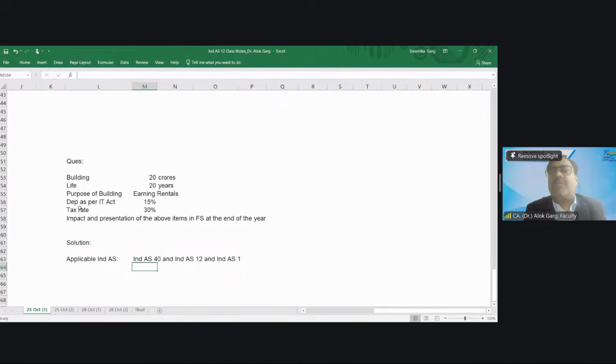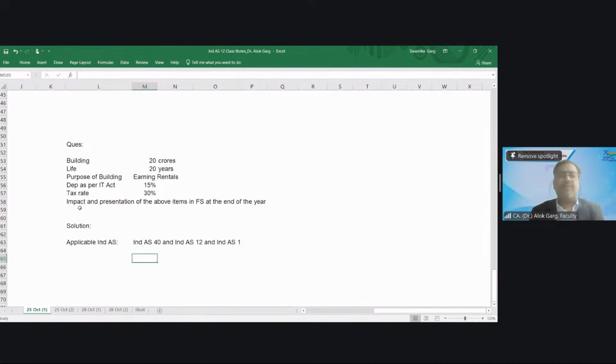Be it PPE or an investment property, the depreciation will be the same; 15%, 20 years, everything is the same. The difference is in the balance sheet presentation. If instead of investment property you write PP&E, the examiner will deduct your marks. Understood?